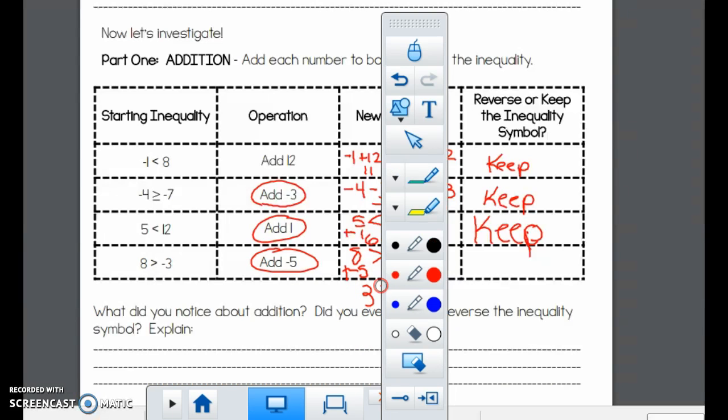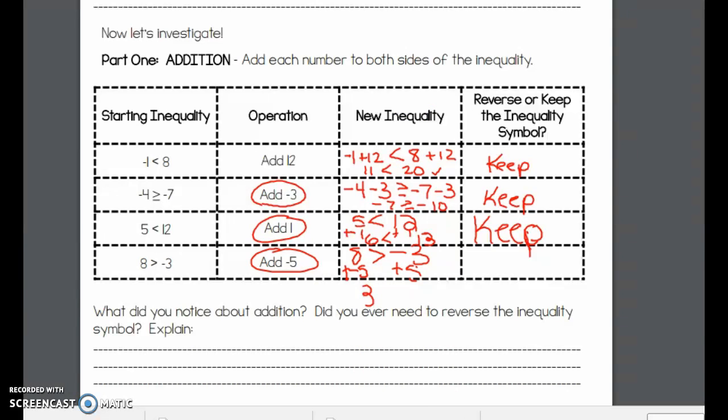And don't forget this was adding a negative. Just keep the arrow down. Oh yeah. You're fine. And then positive 3 and greater than, and then it's -2. Is it -2? Oh wait. You're right. It's 2.